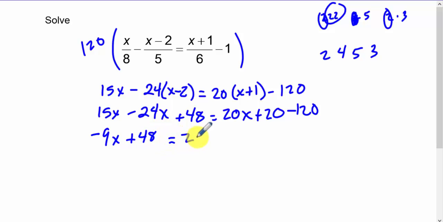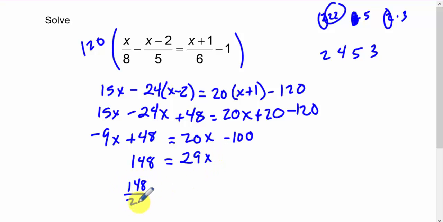On this side I have 20x, and negative 100. Bring the 100 over, so that's 148. Bring the 9 over, that's 29. Divide 148 by 29, I don't believe that goes into it. So that would be the answer.